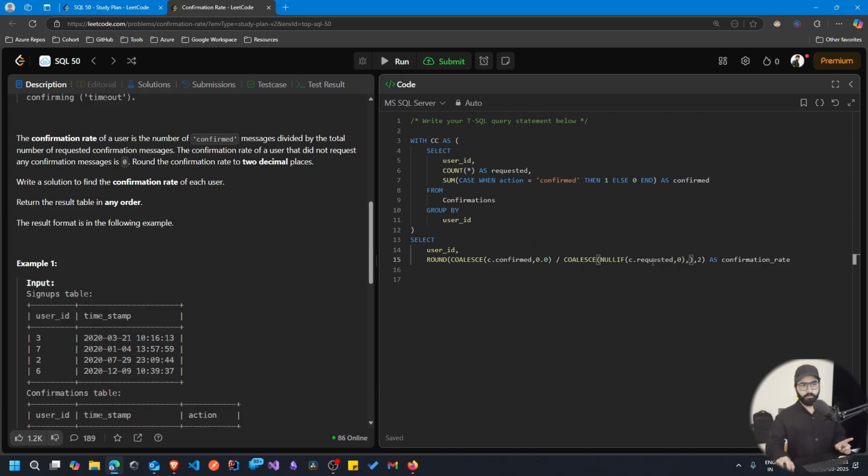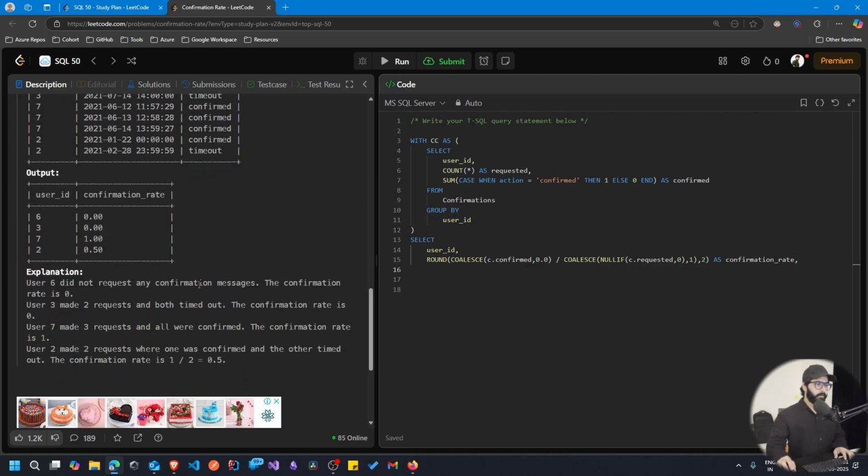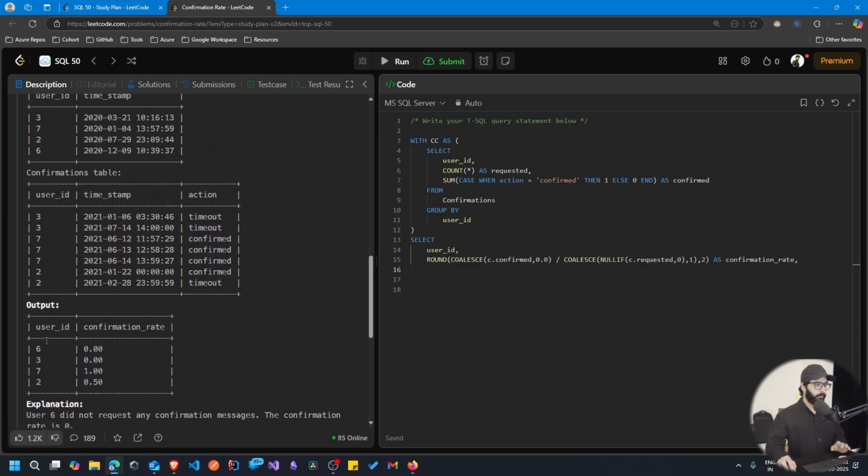Like if requested is 0, then we can give it as 1. So if confirmed was 0 and divided by 1, this will not impact our output. Yeah, cool. And what else do we have to do? No, we are done with the selection of the result set.